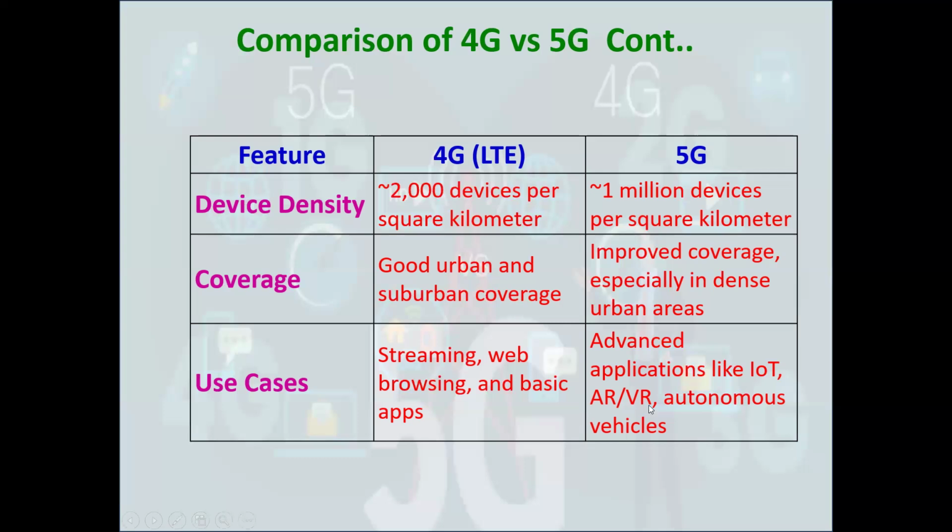And if you are taking 5G, 5G expands the use cases to include enhanced mobile broadband, massive IoT deployments, autonomous vehicles, and augmented or virtual reality, which we can call AR VR. Its high speed, low latency, and increased capacity enable innovative applications and technologies that require robust network support.